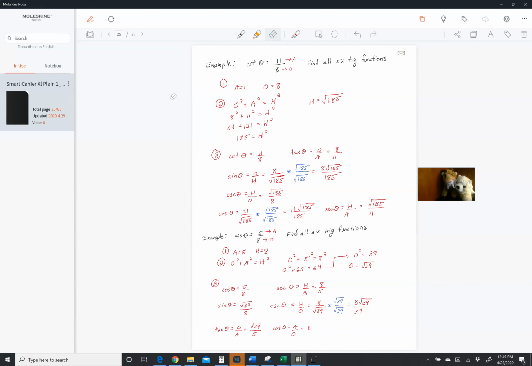So that's 5 over the square root of 39. This one, we have a radical in the denominator. So we multiply square root of 39 over square root of 39. We're doing it that way because square root of 39 squared is just 39. So that makes the bottom rational.